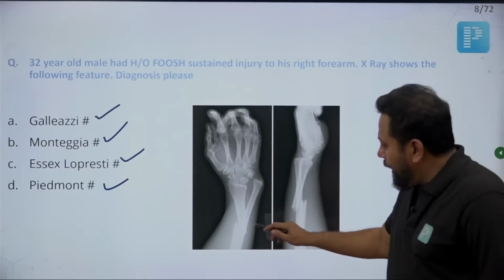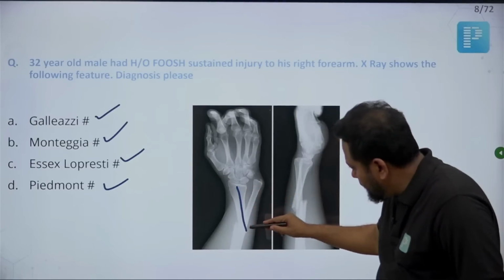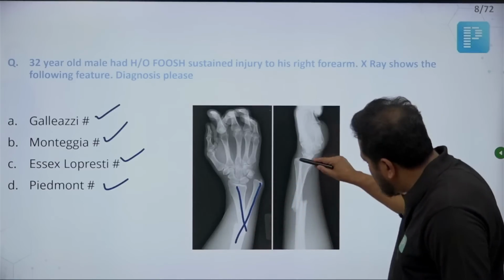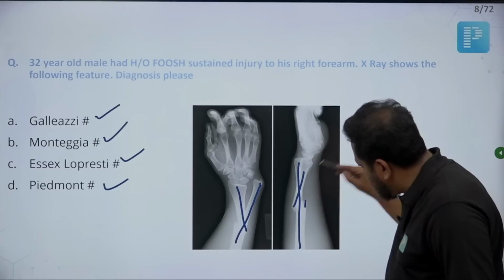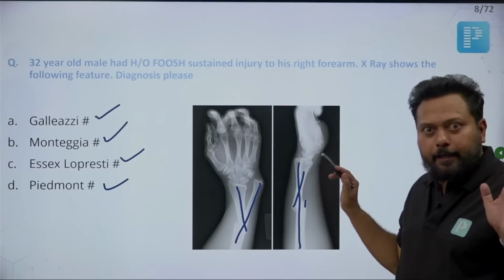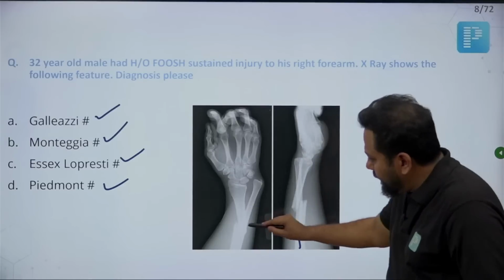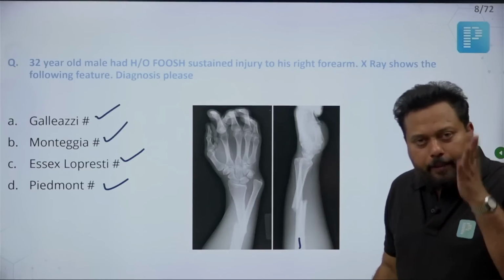You see here, I am able to see a fracture. This is the radius, and this is the ulna. You see, the ulna is intact. The radius got fractured. First point. The ulna is intact, the radius got fractured. And how is the fracture pattern? The fracture is in the lower third of the radius.